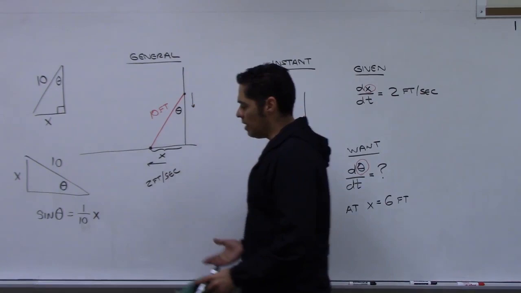And now we just plug everything in. x we know is 6, that's going to go here, and dx dt we know is 2. So this will become 1 over 1 minus, plugging in 6 here, we get 6/10, which is really 3/5.